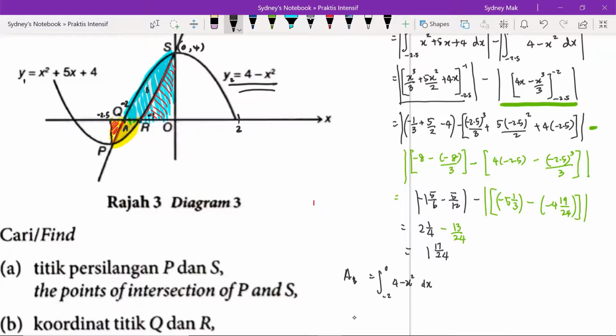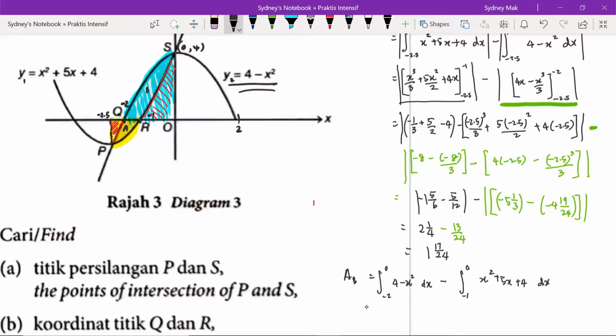So we want the area of B, so we minus the integration from -1 to 0 of the smiling face graph, that is x squared plus 5x plus 4 dx.